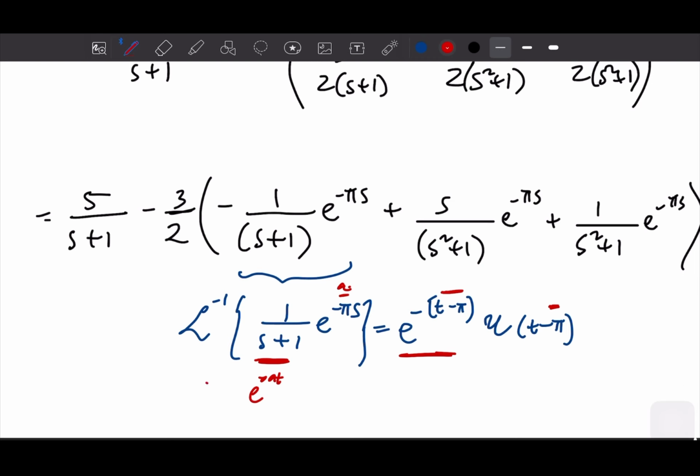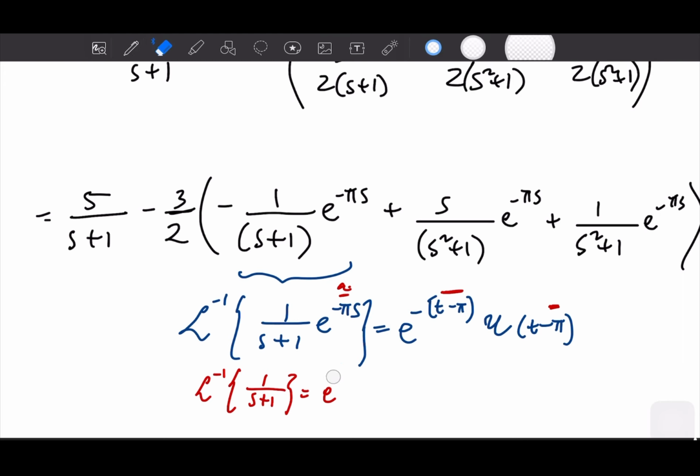If you maybe don't really remember, we could write also here 1 over s plus 1 is e^(-at), or e^(-t). And then because of a, you need to change both of these to t minus π, and then Heaviside, okay.